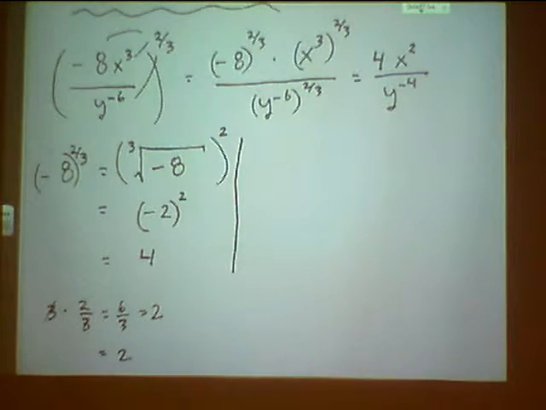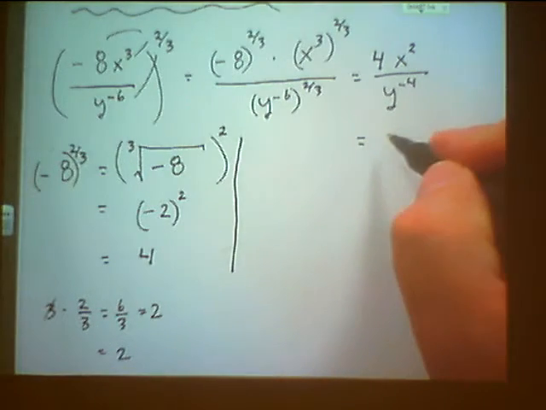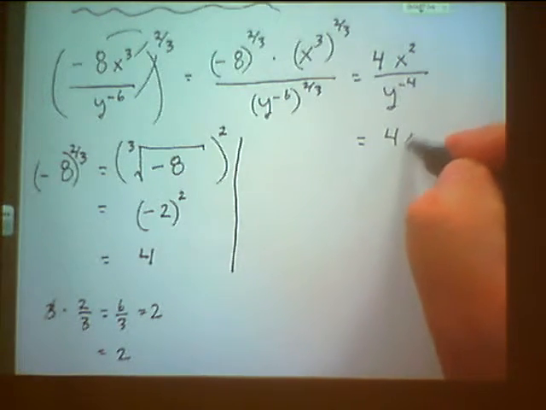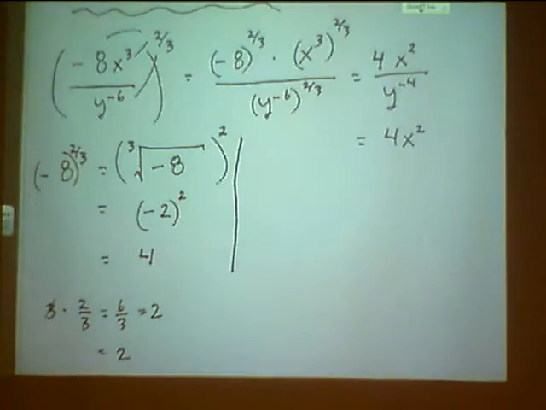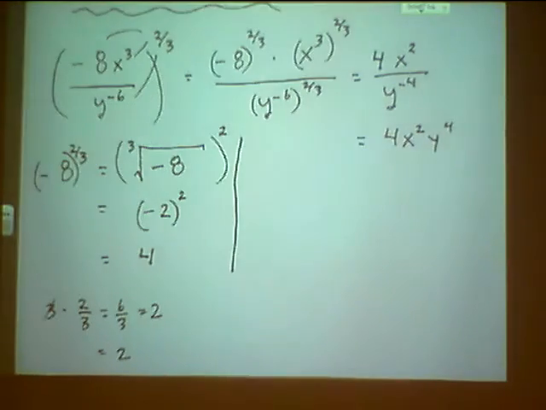So I'd have y to the negative 4 in the denominator, which of course we cannot leave as a negative exponent. So if I make the negative 4 positive, it comes up into the top as y to the 4th. So the final answer is 4x squared y to the 4th.